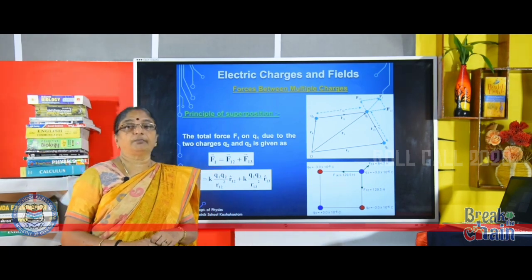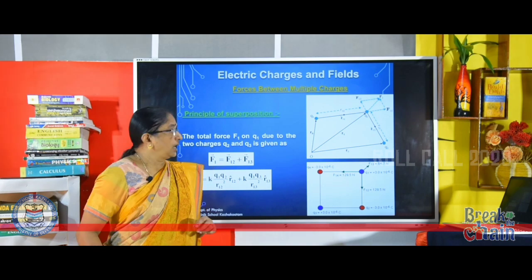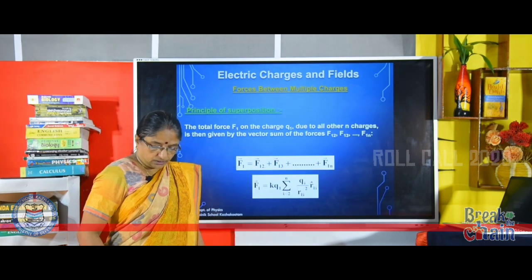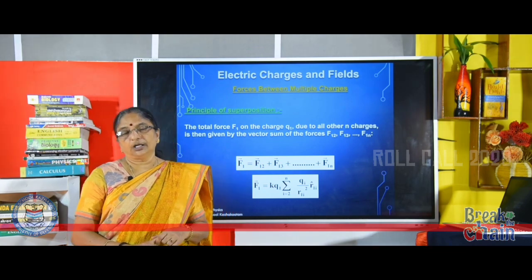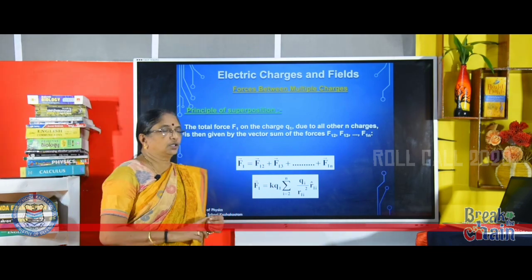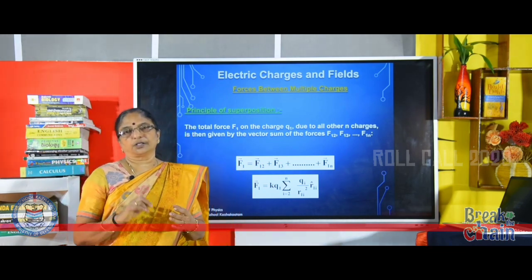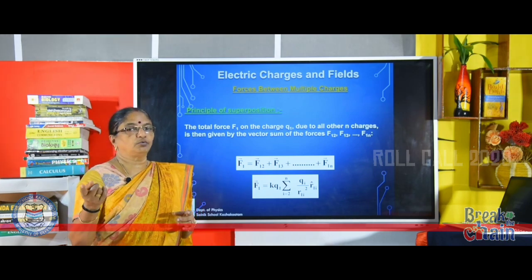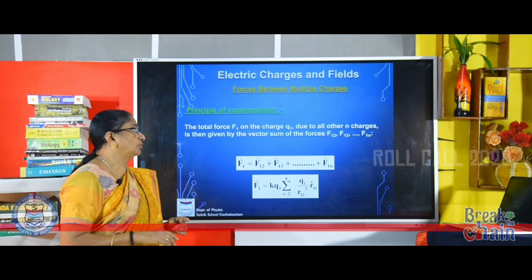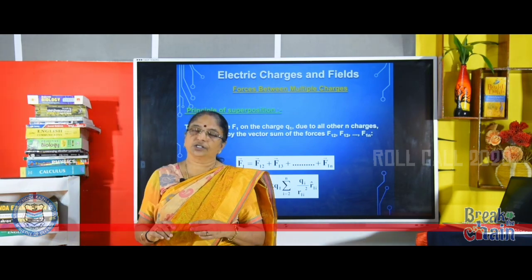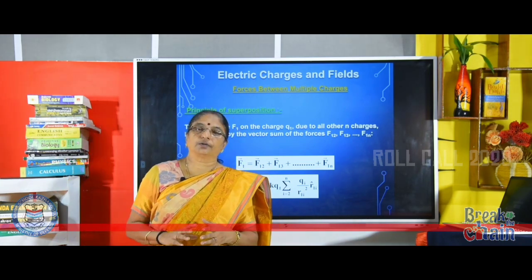Like that, if n number of charges are there, we can use the summation. So vector F1 equals vector F12 plus vector F13 plus etc. up to vector F1n. Like that, we can find the resultant force on any number of charges using this principle of superposition.